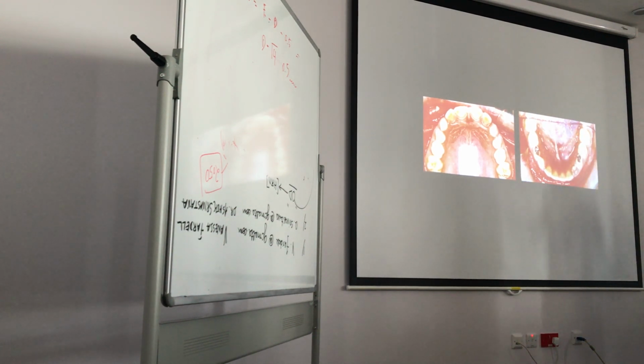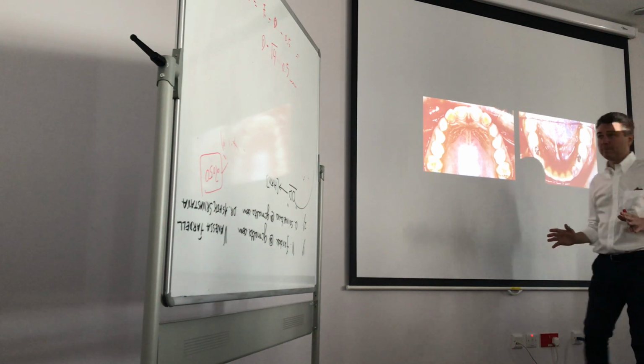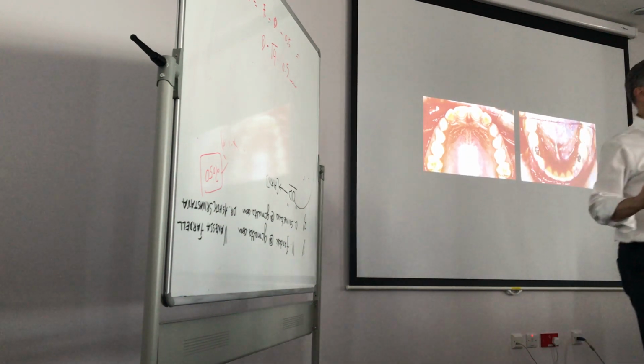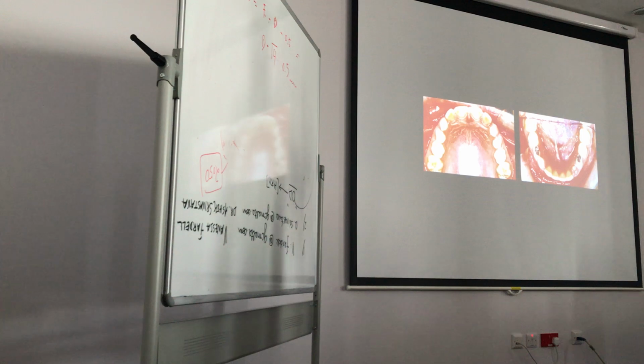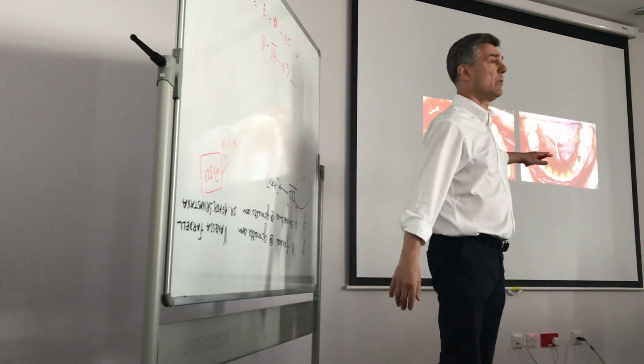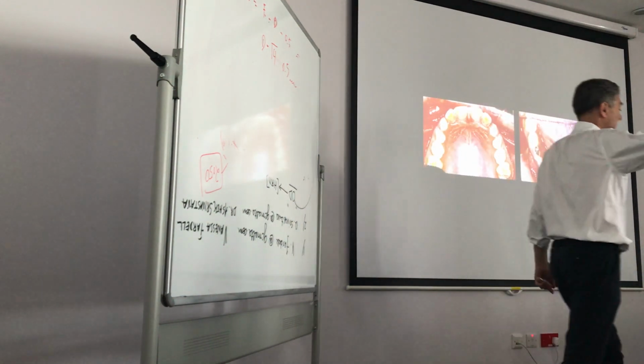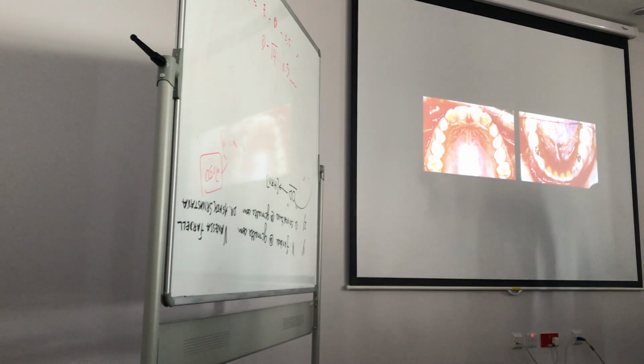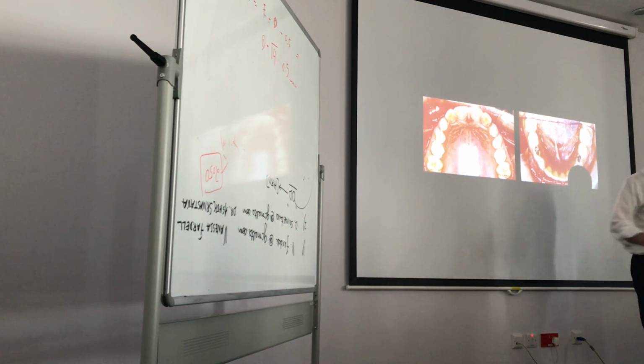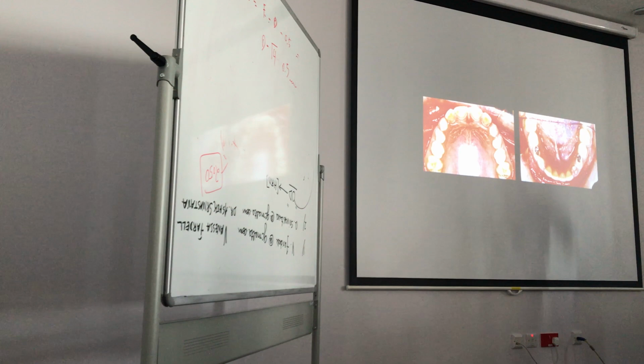That is something that you should know. So you have to decide: I want to maintain 2 premolars and maybe have a problem with the third molar, or I decide to extract and might have no problem with the third molar. It's up to you.